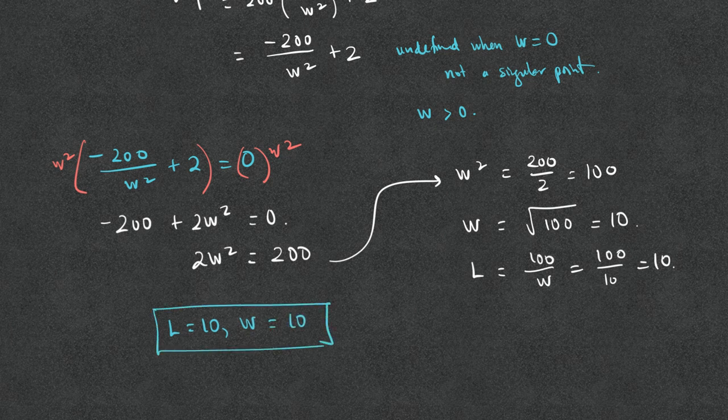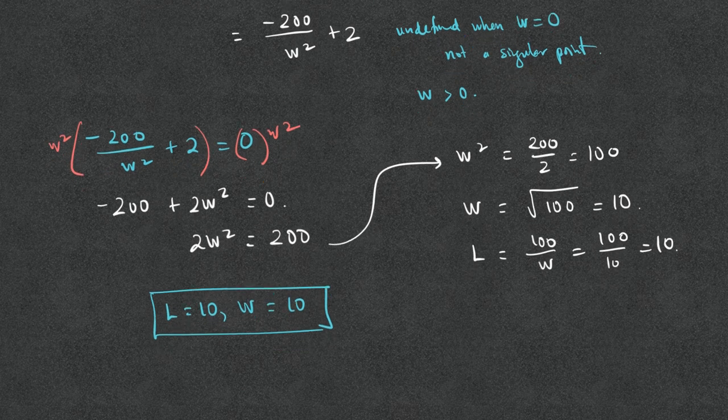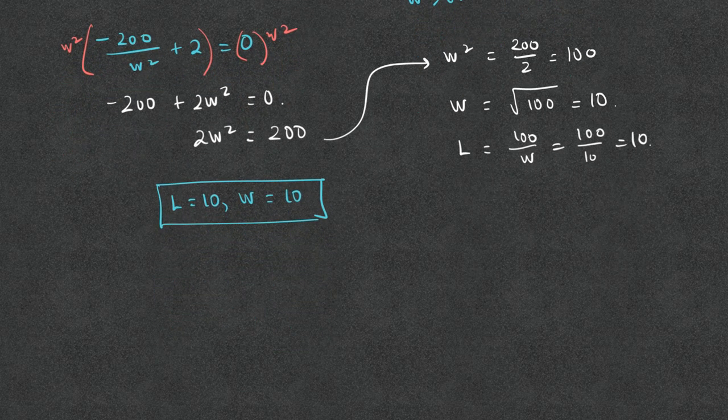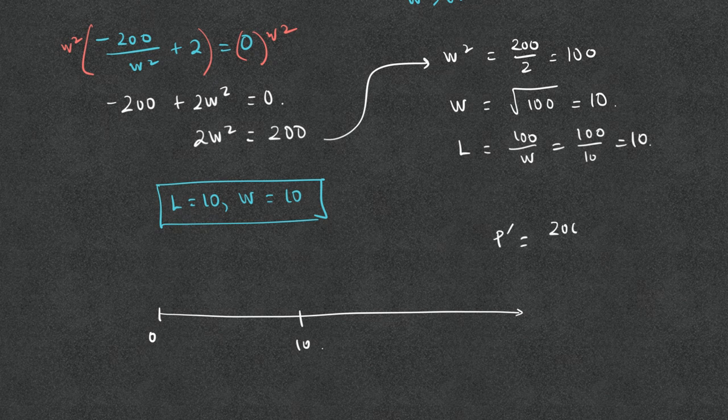But how do we know that this combination, this stationary point, will minimize the perimeter? We can check by using the first derivative test. We see that when W equals 10, the derivative P prime is negative 200 over W squared plus 2.